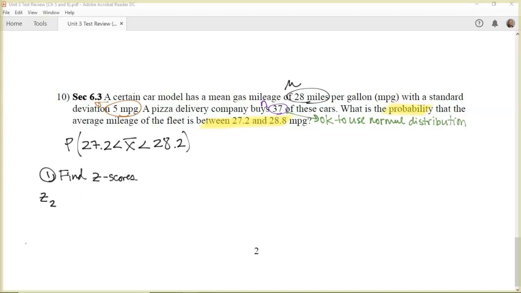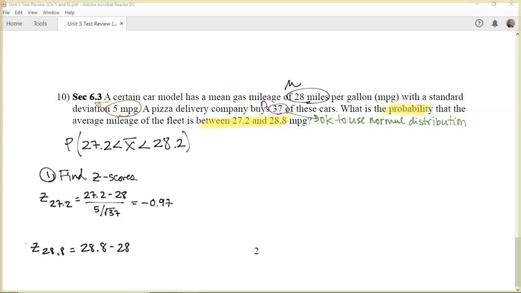In order to use that normal distribution, we have to find two z-scores. The first z-score comes from the 27.2 miles per gallon. Take that average minus the population mean, divided by the standard deviation divided by the square root of the sample size, and that gives us negative 0.97. Then we find the other z-score because we're looking for the area between, which is also the probability.